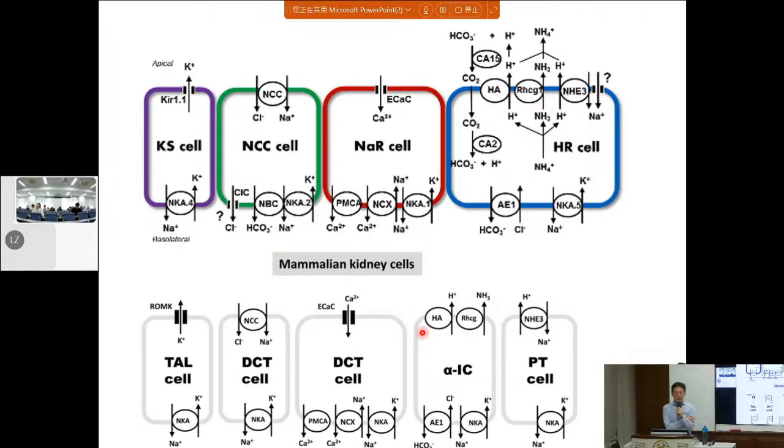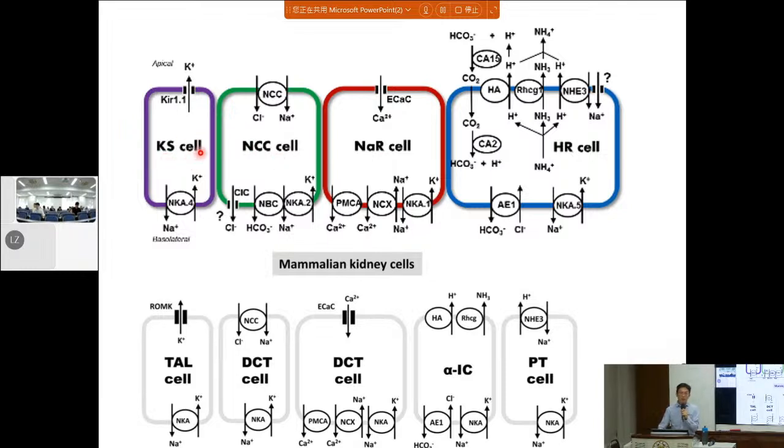So to date, at least 4 types of ionocyte have been identified. They are proton pump rich cell, sodium potassium ATPase rich cell, sodium chloride cotransporter rich cell, and the other is a potassium sensitive cell.